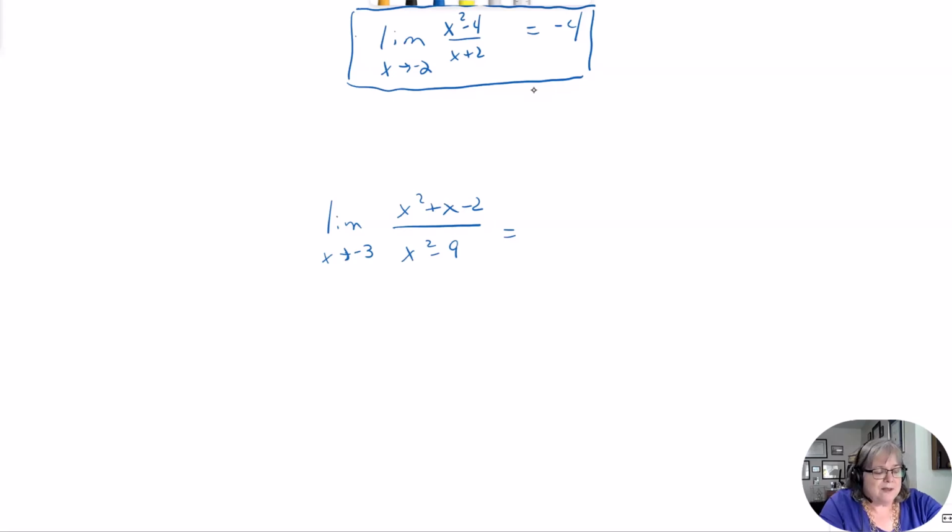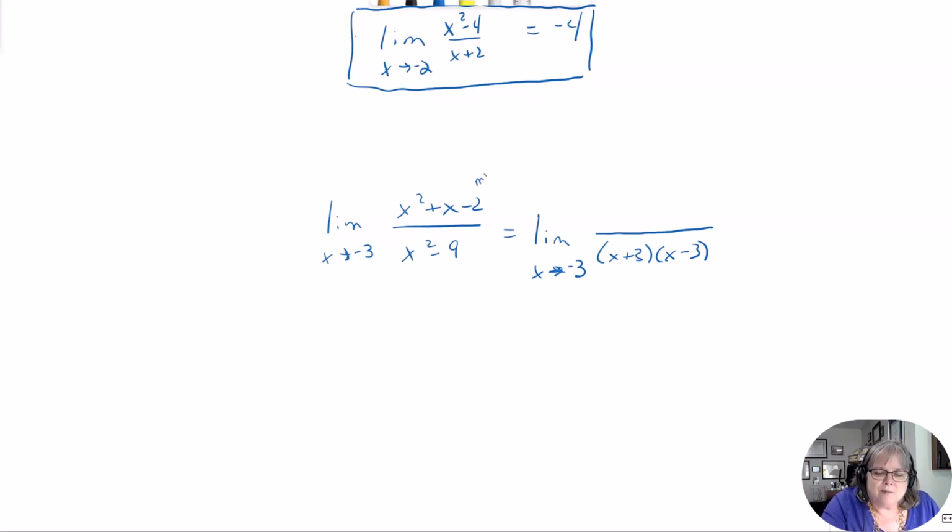But my teacher's asking me about this, so let's see if there's some way to remove the discontinuity. So you would say, well, let's try factoring. On the bottom is the difference of two squares, so you'd have x plus 3 times x minus 3. On the top, you have a trinomial with a lead coefficient of 1.